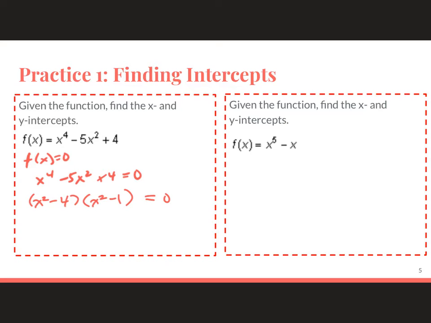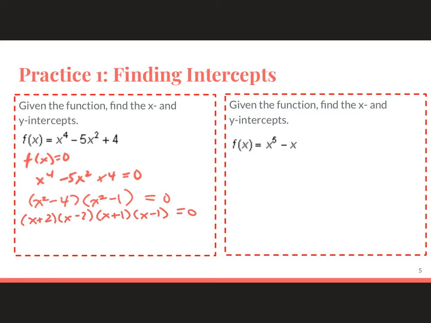And when I look at each of these quadratics, I see that I can probably break them down even more into their linear binomials. So x squared minus 4, I can factor as x plus 2 times x minus 2. And then x squared minus 1, I can factor as x plus 1, x minus 1, difference of squares.